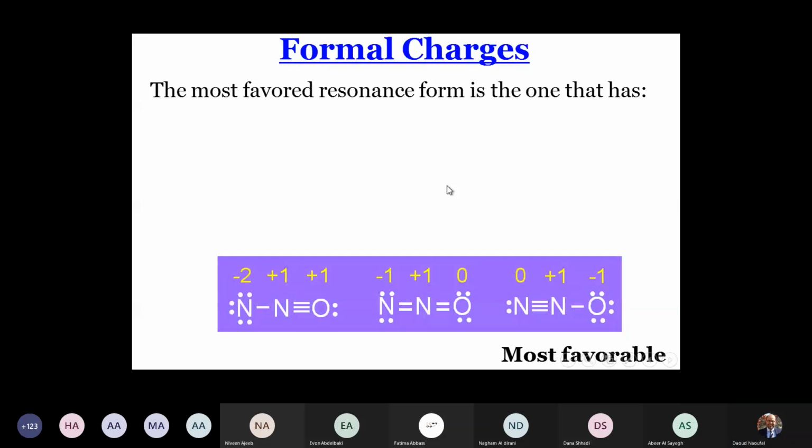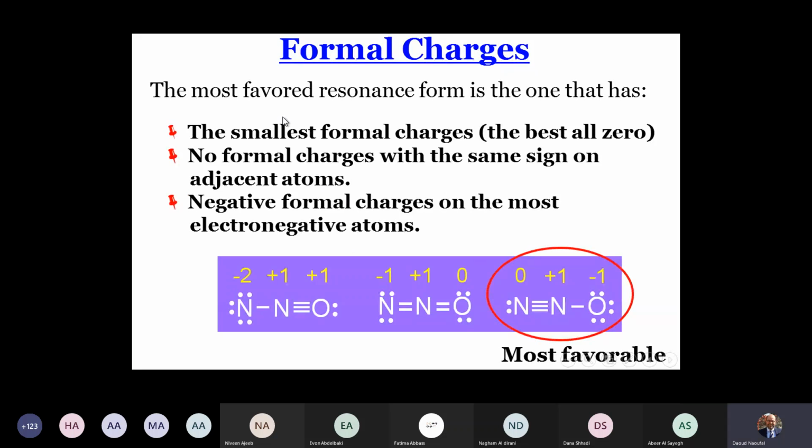First, the most favored structure is the one that has the smallest formal charges. The best structure is when all atoms have formal charge equal to 0. Do we have a structure where all the formal charges are equal to 0? No. Minus 2, plus 1, plus 1; minus 1, plus 1, 0; 0, plus 1, minus 1.